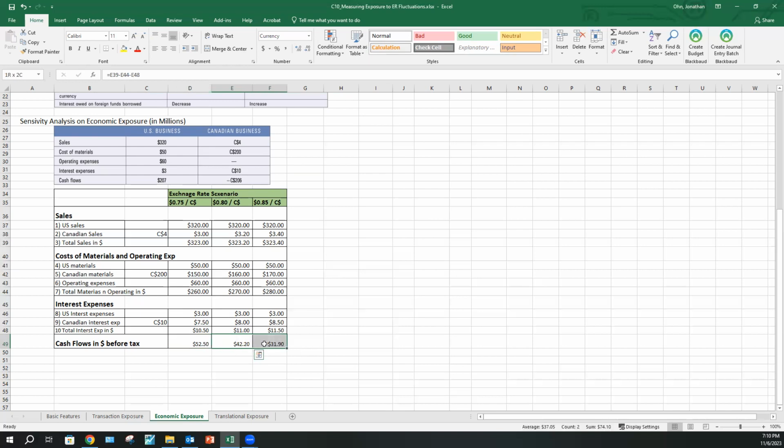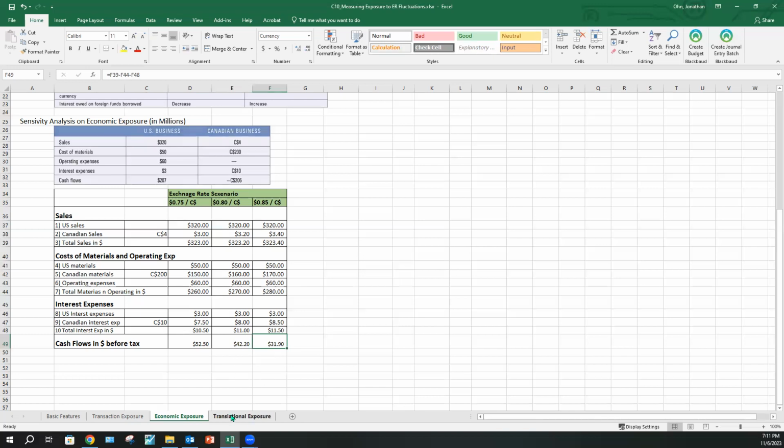The second is about $10 million. But between this one and this one, it's over 20 million dollars difference in operating cash flows. That's another reason multinational corporations pay a great deal of attention to their exchange rate risk management.